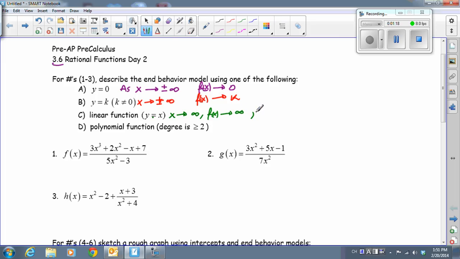But if x approaches negative infinity, y will also approach negative infinity. For polynomial functions of degree greater than or equal to 2, as x approaches positive or negative infinity, f of x will just approach infinity.